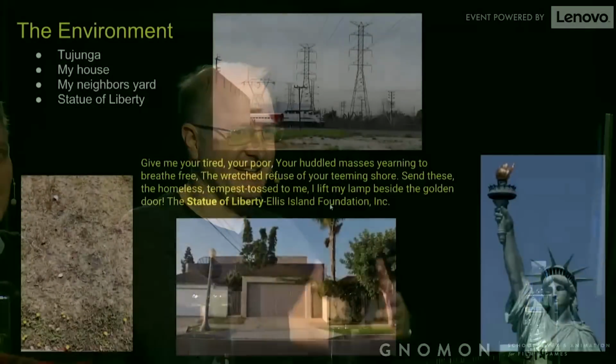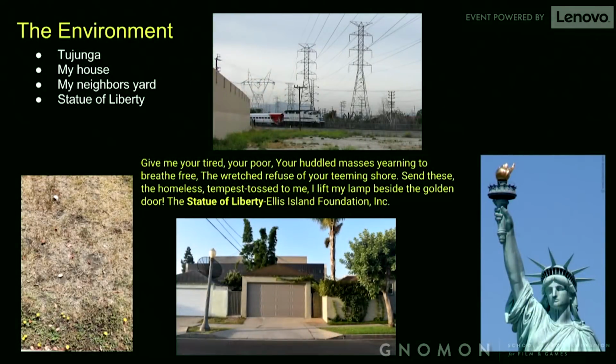So we started putting together a script. We started putting together assets, and we started coming up with what this whole thing should look like. The inspiration for where it should look like was my front yard. I tried a couple different ideas, and it just sort of came back to this evolved version of my front yard.